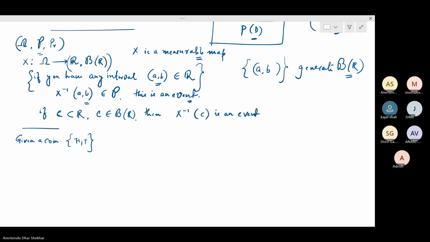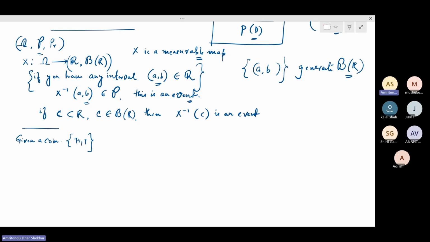That's why it suffices to say that if you take the inverse of just sets of this kind, and it is an event, then it's going to be a measurable map. In some sense, this is not the definition. This is like a corollary of the definition.